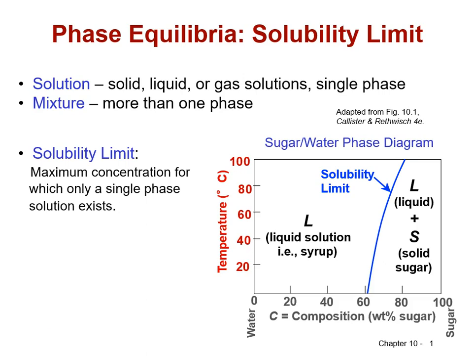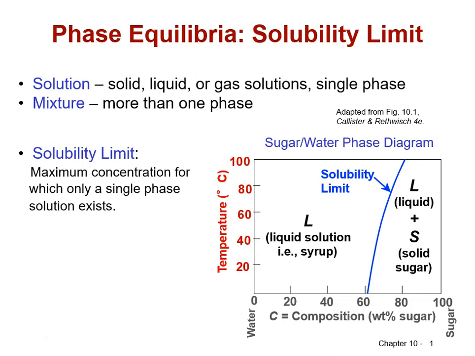So it's not cloudy, but you can reach a solubility limit either by dumping too much sugar in, or by cooling it down if you've already dumped a lot in at high temperature. We'll define the solubility limit in this sugar-water case as the maximum concentration of sugar for which you don't have any sugar precipitating.